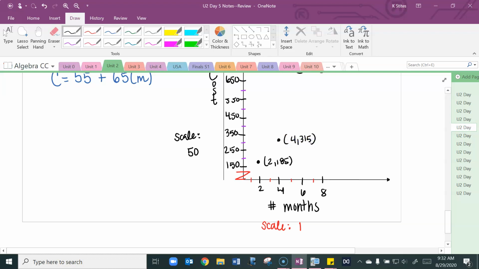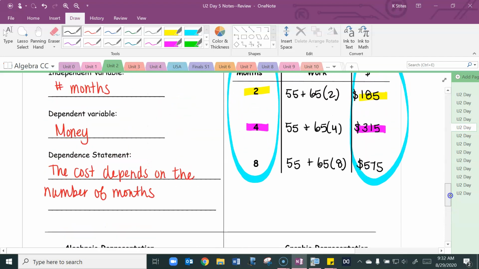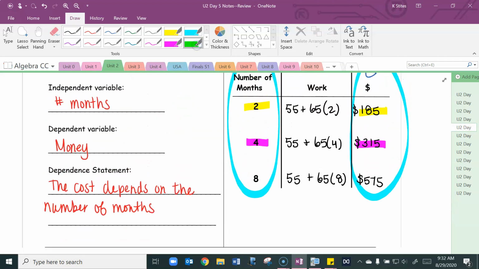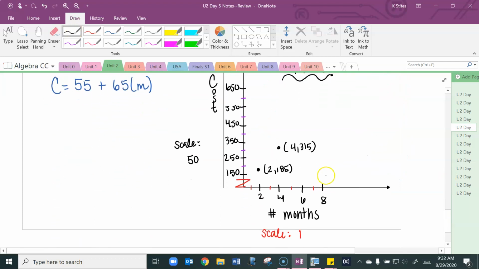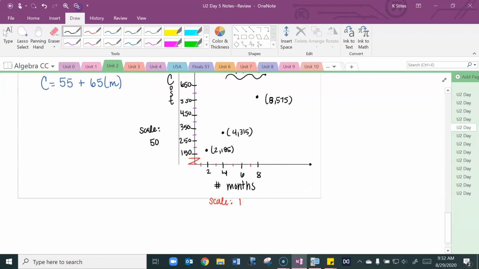And again, these dots should go in a straight line, so that kind of helps you with your placement as well. Finally, 8, 575. 8, 575 is going to be right here, and see how I kind of place it so that it looks like it's in a straight line as well.